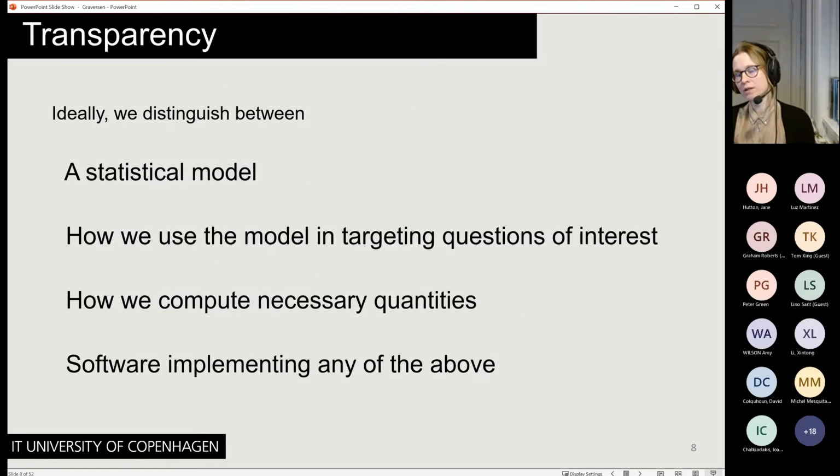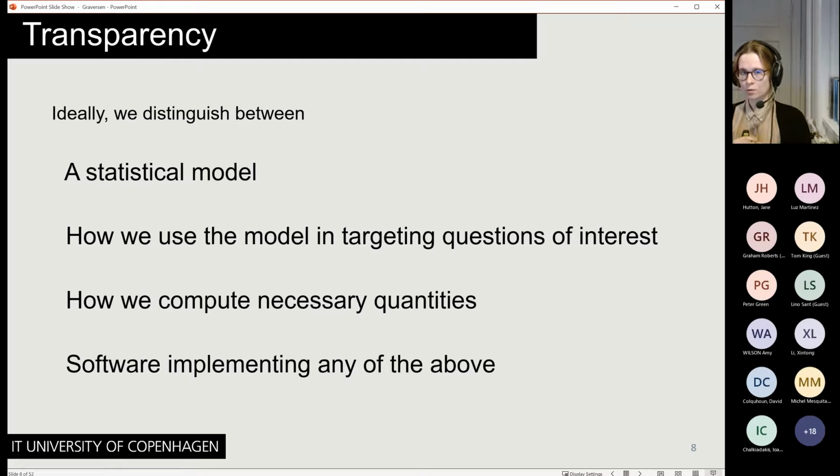But actually, what I want to do is not so much talk in terms of specific software. What I do in all parts of my work is to try to break down the developed methodology as finely as possible.